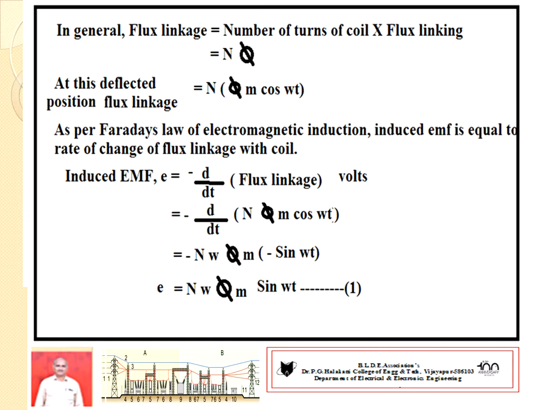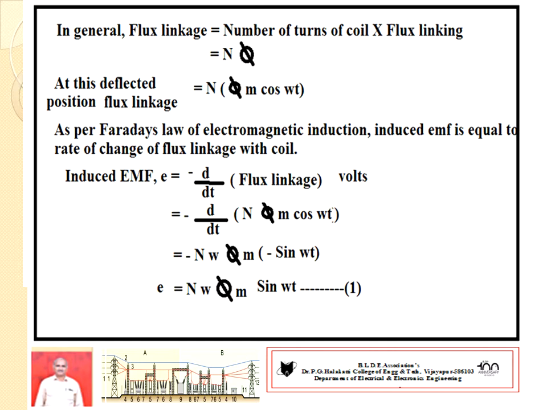So as per Faraday's laws of electromagnetic induction, the induced EMF is given by the rate of change of flux linkage with the coil. Hence, induced EMF e equals d/dt of flux linkage.